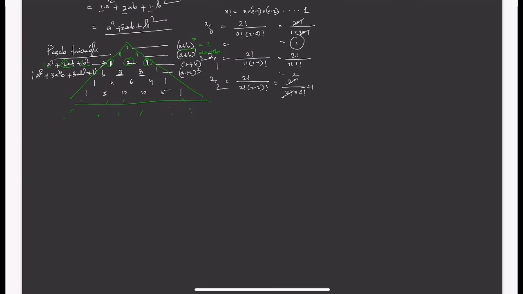Now we can see, okay, there are certain things we need to remember. Okay, difference formula. The difference of constant functions is always 0.